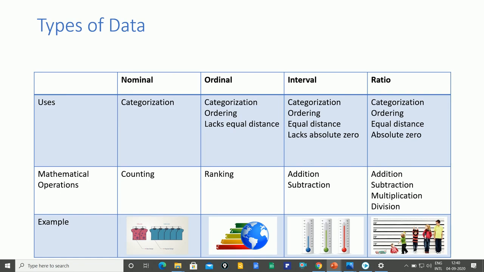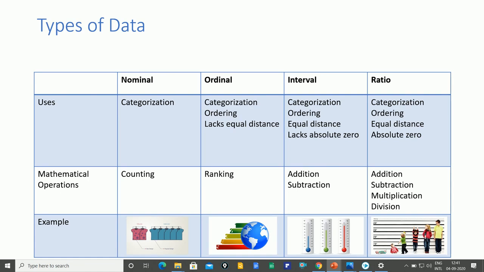Now coming to ordinal scale data, since ordinal data is used for ordering purpose, here we can do ranking with ordinal scale data. So consider an example like rating a product on a 5-point scale of 1, 2, 3, 4, 5.